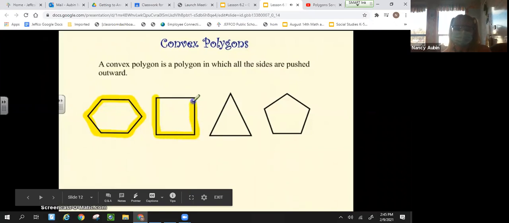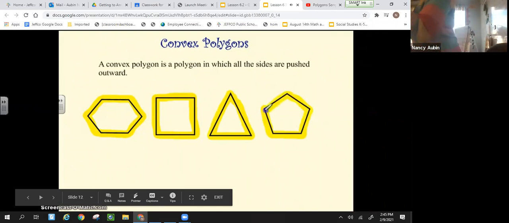The triangle, same thing. And finally a pentagon, and all the sides are pushed outward. So convex, a polygon in which all the sides are pushed outward.